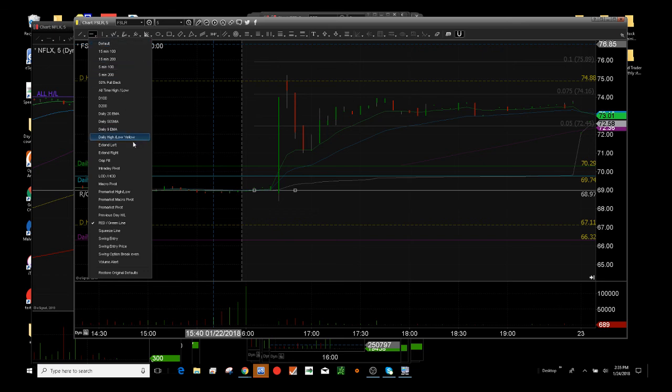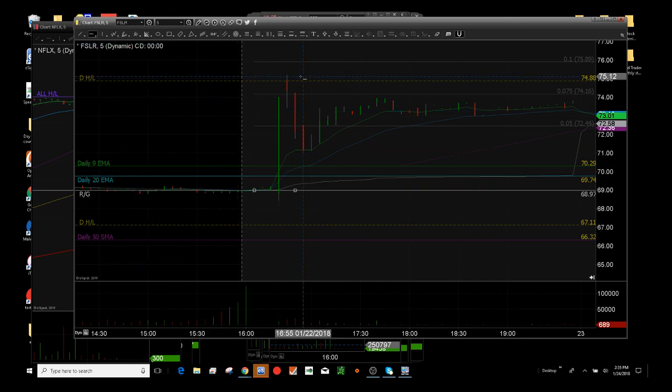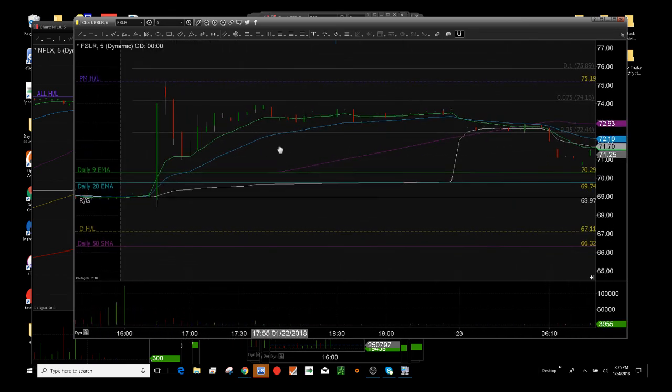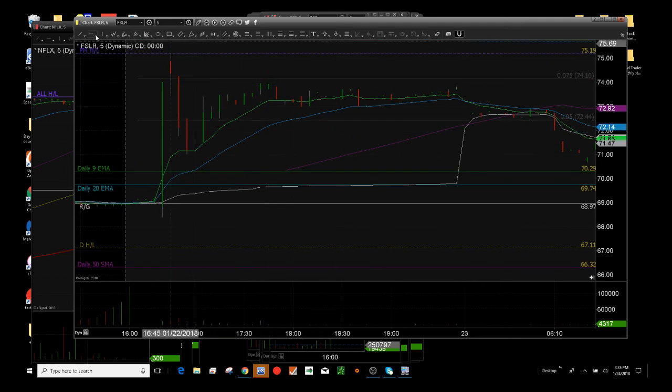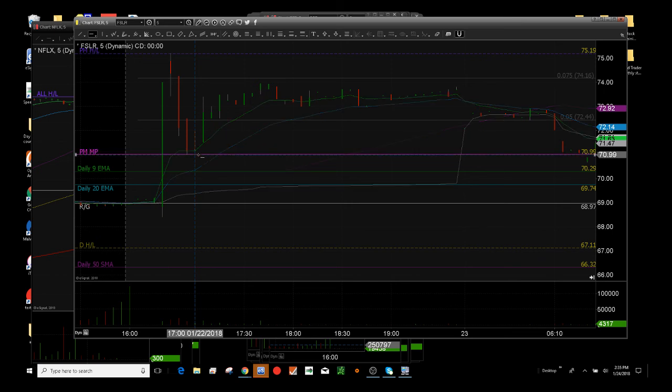So pre-market high right there. In fact, let me erase some of these lines here. This was, I have to keep that. Okay, so on this one, the pre-market macro pivot would be either here, one there, and then I think I would draw one right here too.